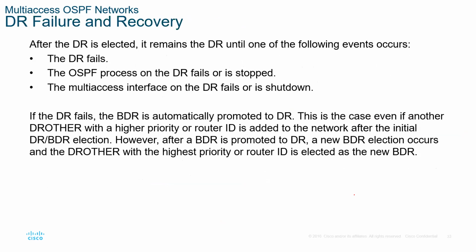After the DR is elected, it remains the DR until the DR fails, or the OSPF process on the DR fails or stops, or the multi-access interface on the DR fails. Once it fails, the BDR automatically takes over.